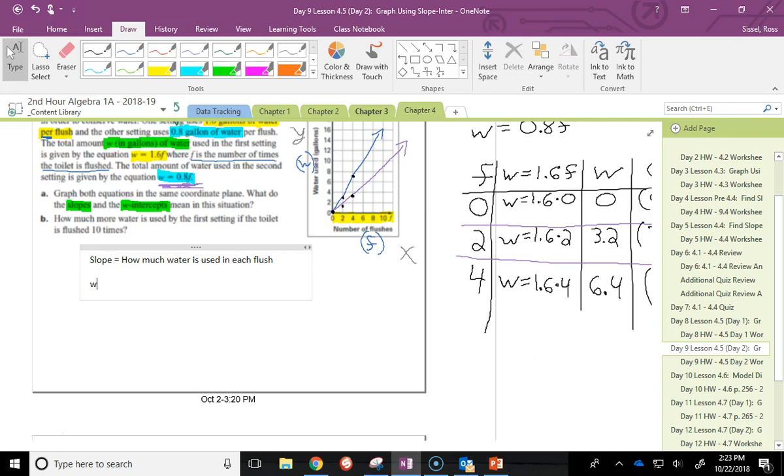The w-intercept, right here where our 0 is. Well, I made that comment every time we had our table.